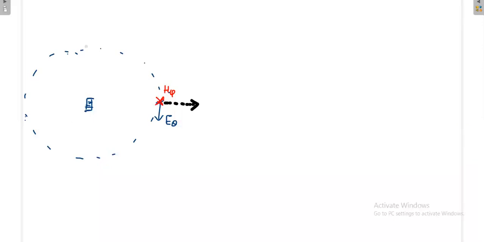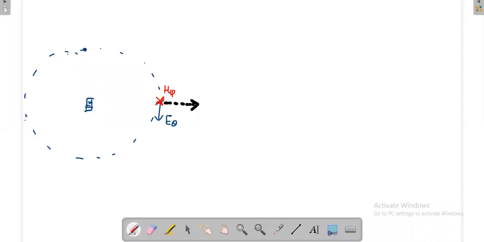Now in this, when you are here, what is the direction of theta? What is E theta? When you are here, in which direction will E theta be when you stand here? Anybody? Any idea? Plus x or minus x direction of E theta?